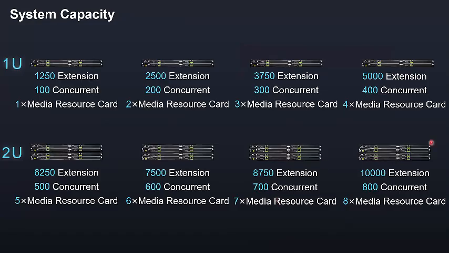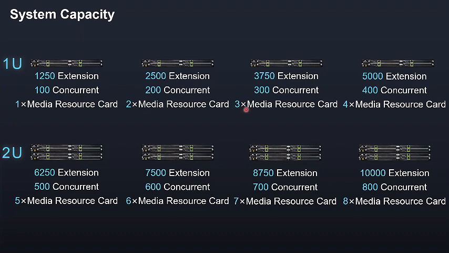Let me show you the system capacity with regards to the single unit. Here, if it's one media resource card, the maximum it can support is 100 concurrent calls with a maximum of 1,250 extensions. Doubling the media resource card doubles the concurrent calls to 200 and the extensions to 2,500.